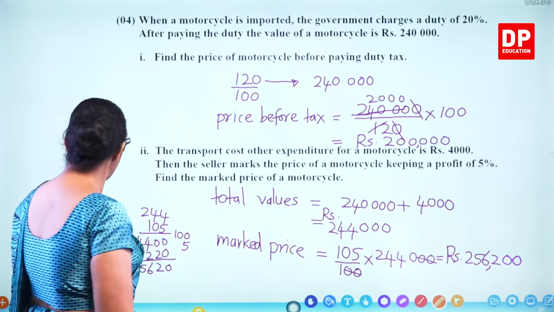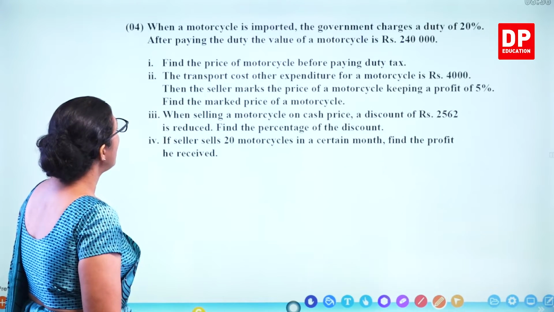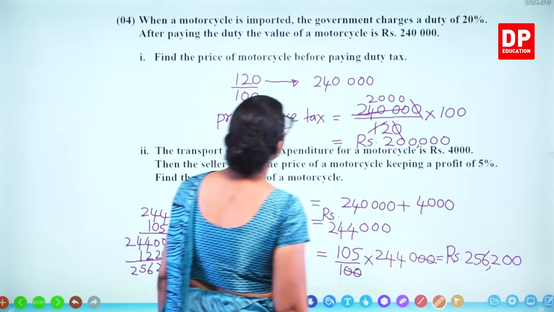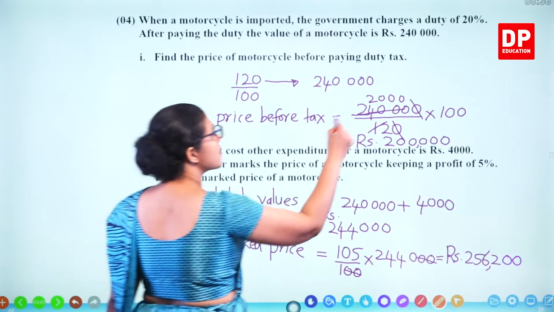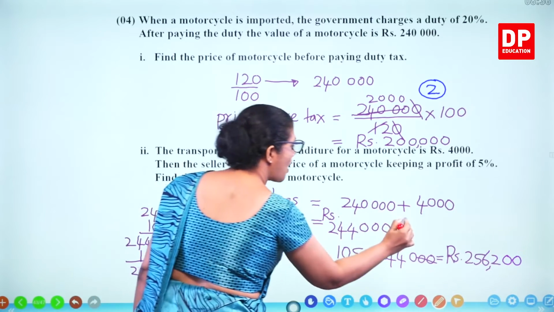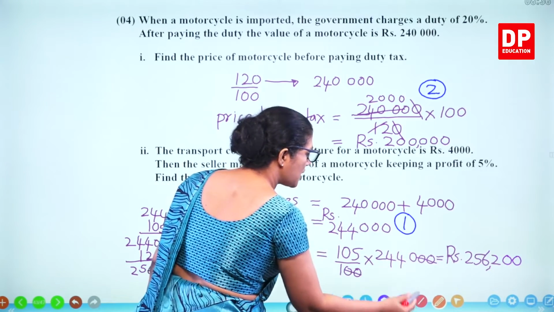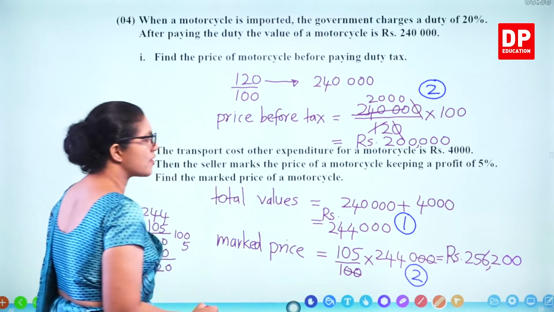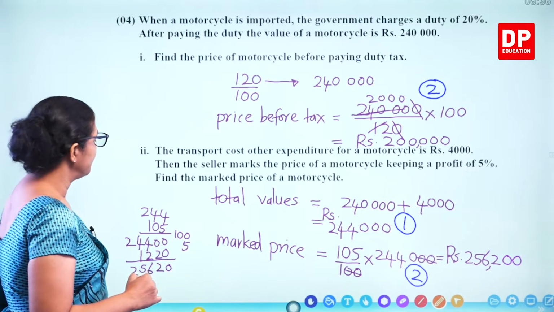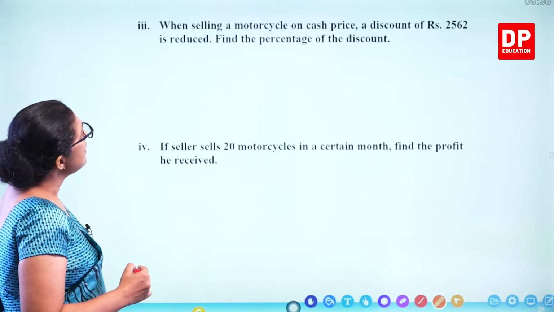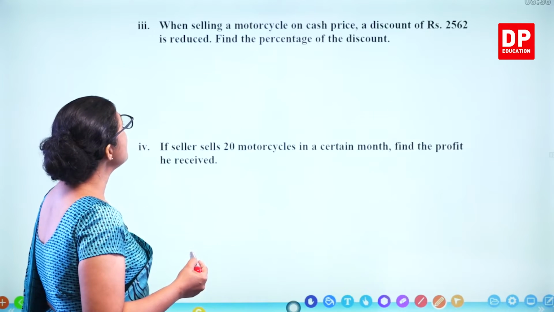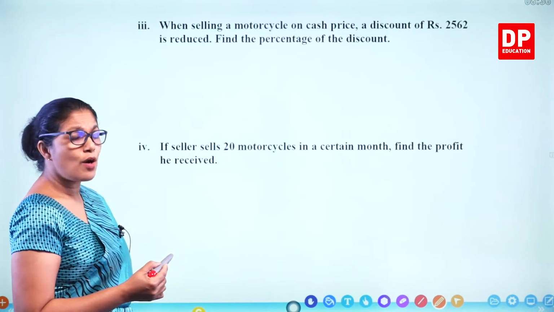So altogether how many parts are there? 4 parts. So we'll give marks for these parts. This is 2 marks, and the total value is 1 mark, and with the profit we can give another 2 marks. So altogether 5 marks for the first 2 parts. When selling a motorcycle at cash price, a discount of 2,562 is reduced. Find the percentage of the discount.